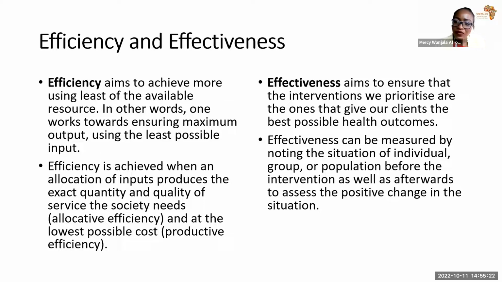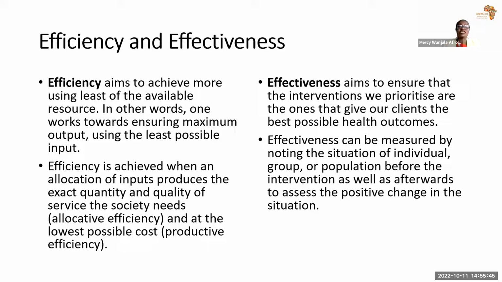Then effectiveness aims to ensure that the interventions we prioritize are the ones that give our clients the best possible health outcomes. This is where assessment of health products and technology comes in, where you assess the effectiveness of a drug, the effectiveness of a single intervention, and this is where you do your cost effectiveness analysis and impact analysis.